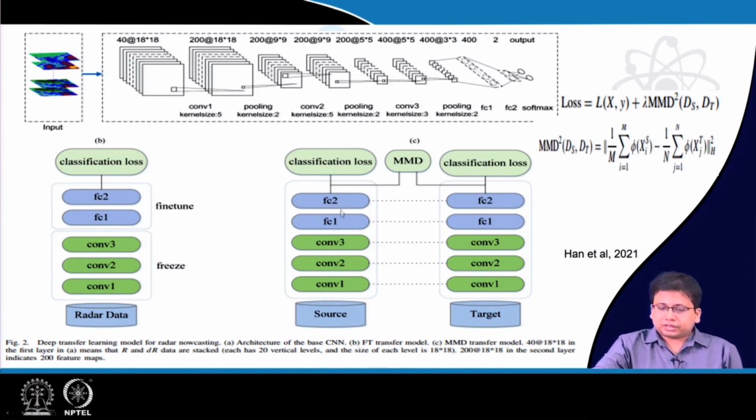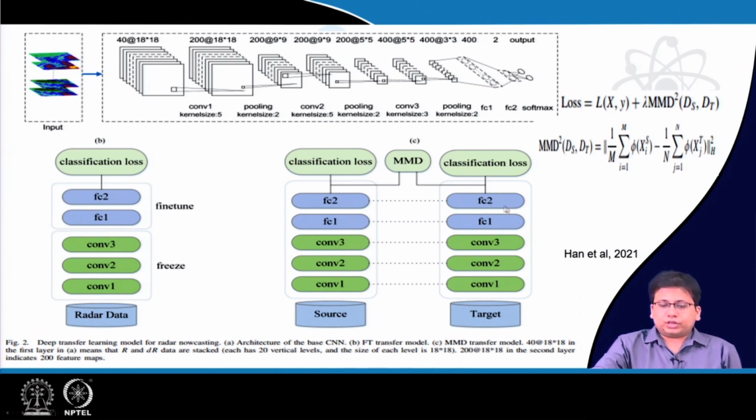These feature representations are obtained from the neural network itself, from the first few convolutional layers. So what this phi means is the feature maps obtained from the convolution layer. They are mapping the feature space of the source images to the feature space of the target images, and this is an extra loss function added apart from the usual classification loss function.